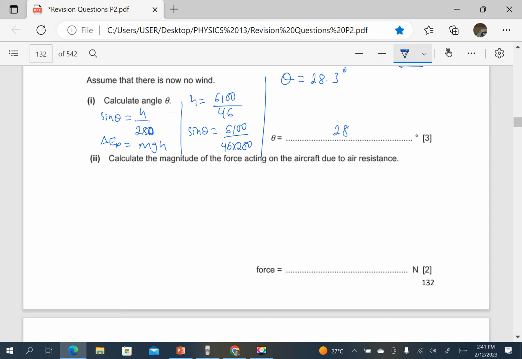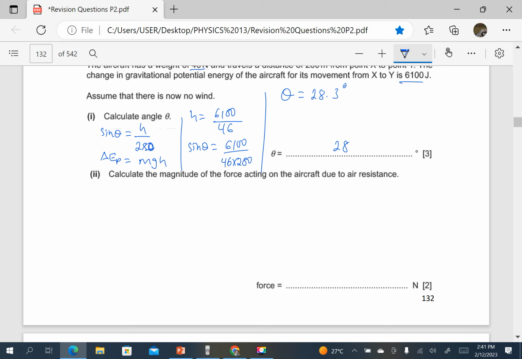So the change in potential energy must be for the work done against air resistance, since the speed is constant. So the change in potential energy is equal to the work done against air resistance, since there is no change in kinetic energy.